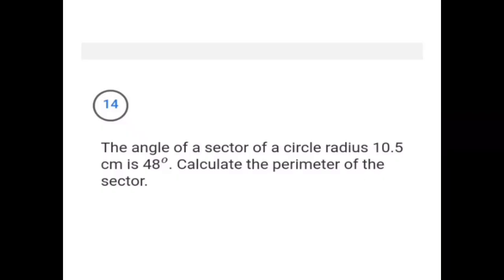Number 14. The angle of a sector of a circle of radius 10.5 cm is 48 degrees. Calculate the perimeter of the sector. So we are asked to find the perimeter of a sector with radius 10.5 cm and the angle of the sector is 48 degrees.